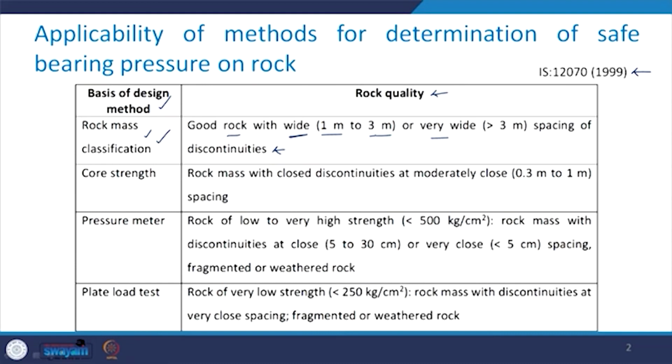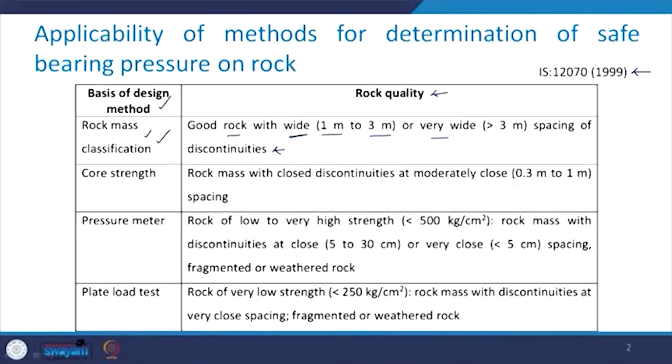When you have the rock mass with closed discontinuities at moderately close spacing, that means when the spacing is lying between 0.3 meter to 1 meter, in that case if you obtain the safe bearing pressure from the core strength or from the UCS of the rock, then it is quite reliable as far as the determination of safe bearing pressure is concerned.